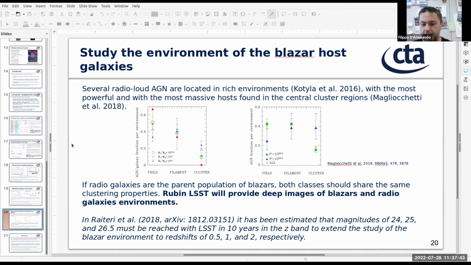And from estimations done in the paper by Claudio in 2018, we should be able to reach magnitude of 24, 25, or 26.5 in 10 years in the Z band for redshift 0.5, 1, and 2. So this is something that can be useful to have a better idea of what is the environment, and so how this can be related to the evolution also of blazars and radio galaxies in the universe.